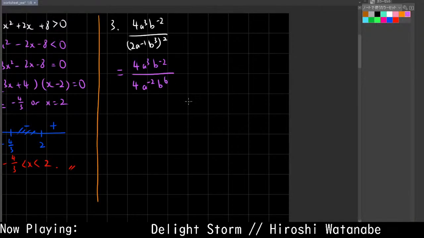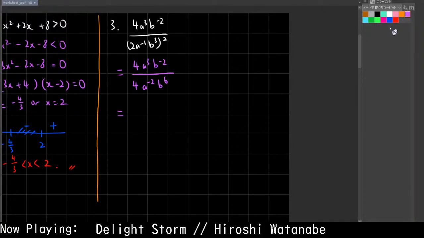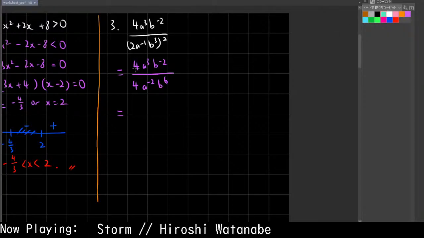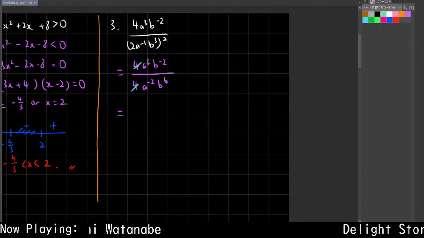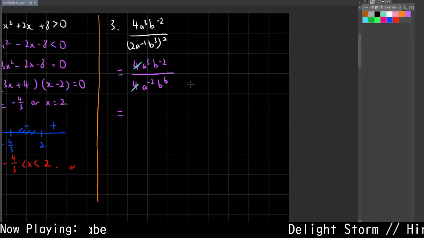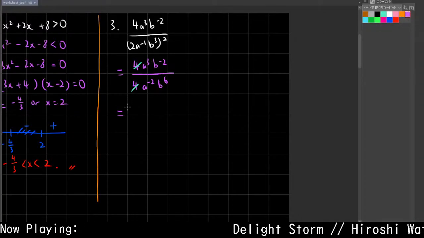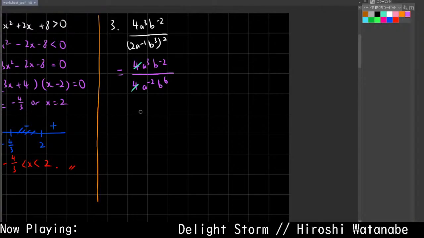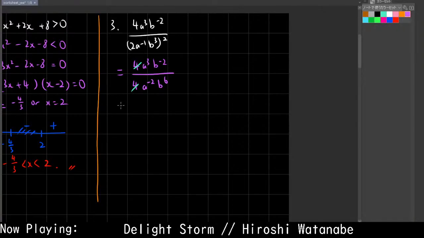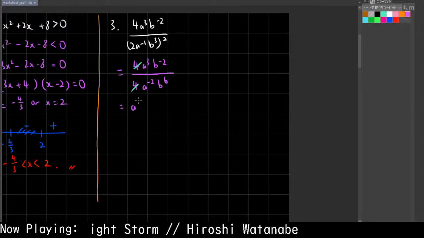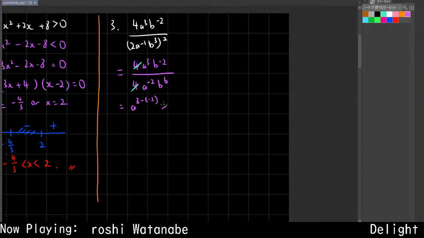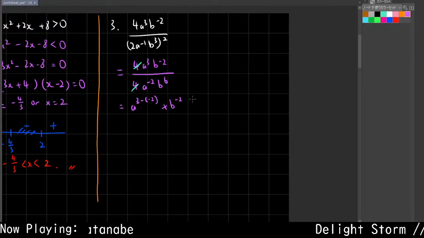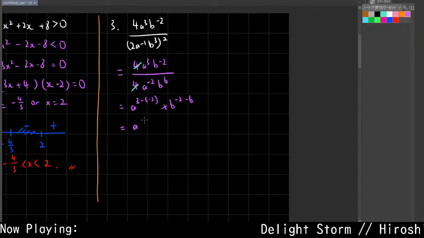After this you simplify. 4 and 4 simplify out directly. Then a to the power of 3 over a to the power of negative 2, if it's divided, the power becomes minus, so it becomes a to the power of 3 minus negative 2, which is a to the power of 5. For b, same thing, since it's dividing, it's effectively minus, so you get b to the power negative 8.